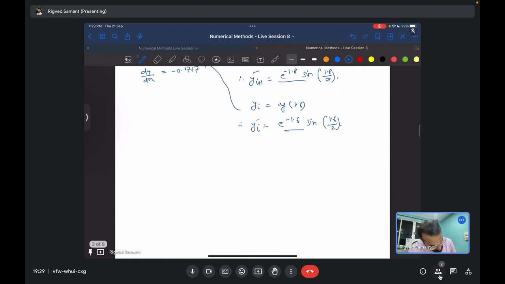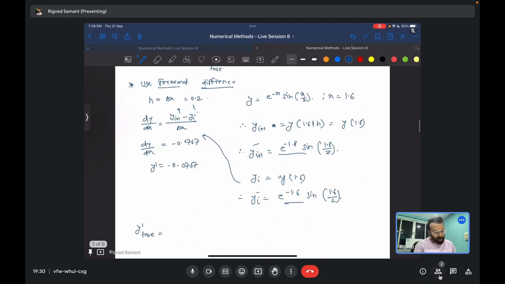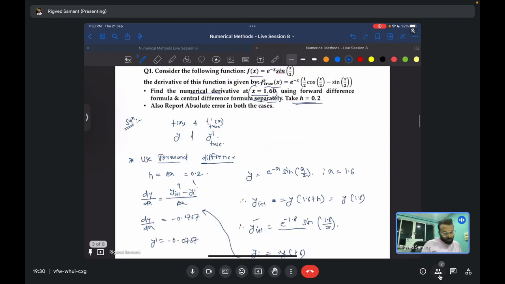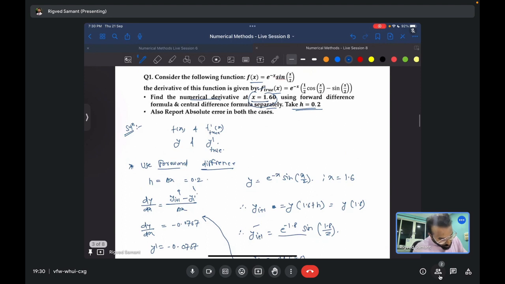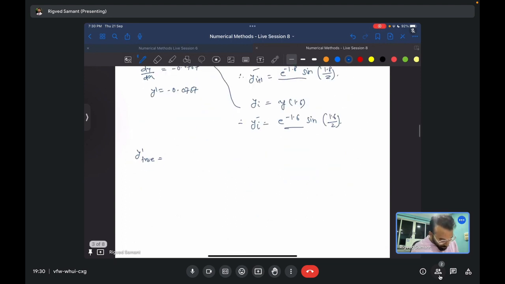So y dash true, if you substitute 1.6 into this, you will get y dash true, because you are at x is equal to 1.6.